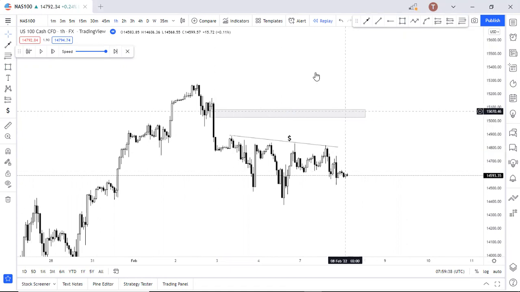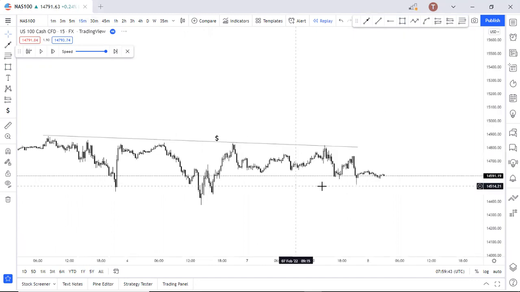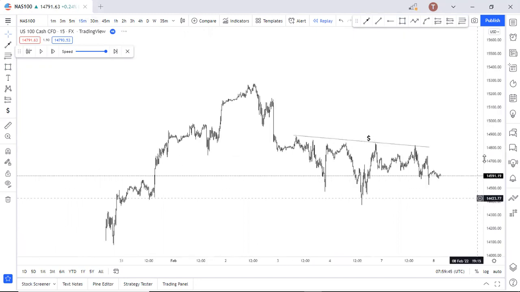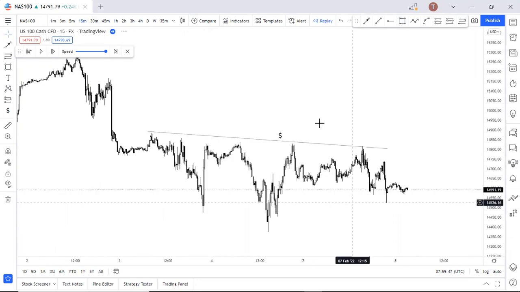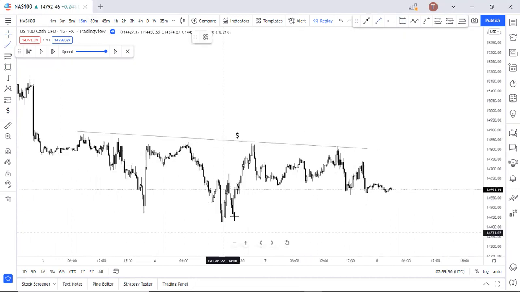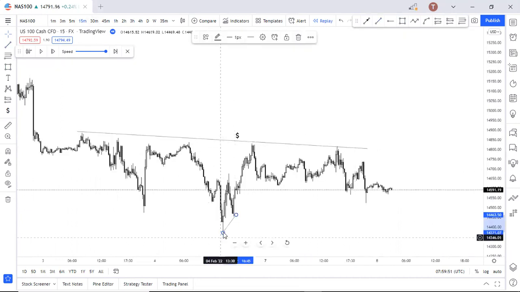So I went down to the 15 minutes time frame, and I could see that we had a shift in market structure. That is, the market created this low right here, created a high, then created another higher low.